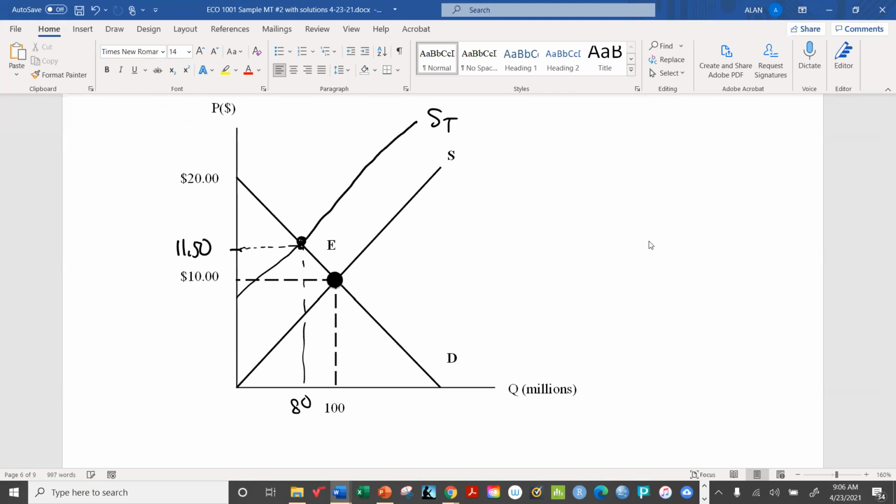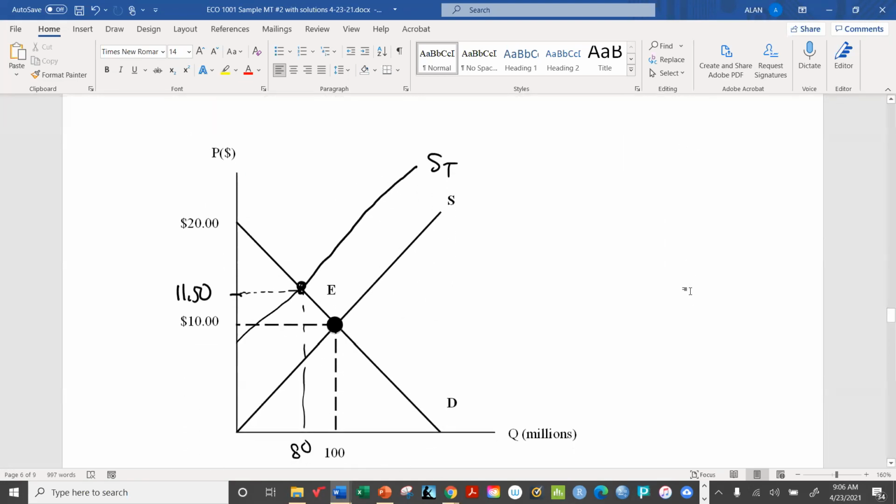But like I said, this is not an art class. The idea here is that the tax is meant to be $2. So the vertical upward shift here is $2. If you had a ruler, you could show that at every point, the new supply curve is $2 higher than the old one. And so this is where they cross.